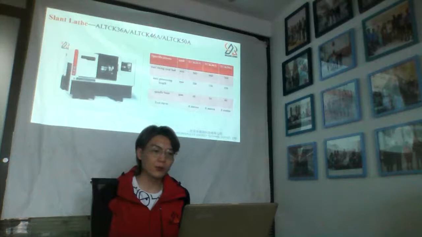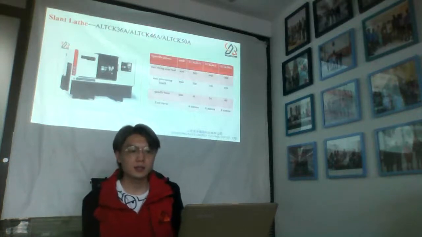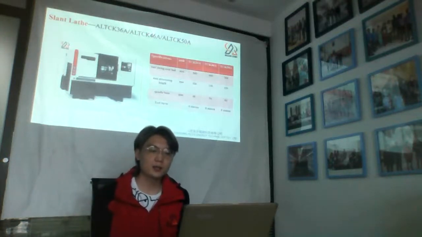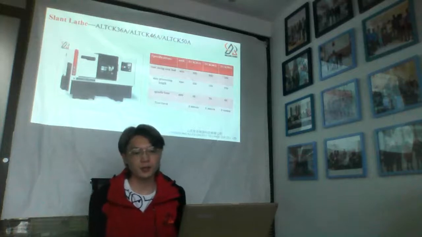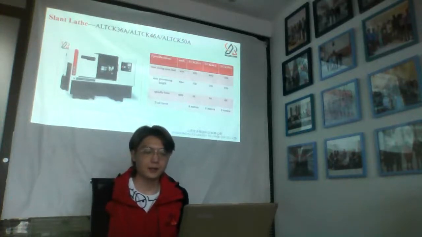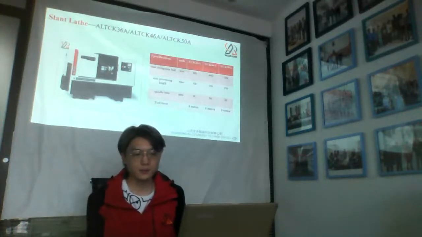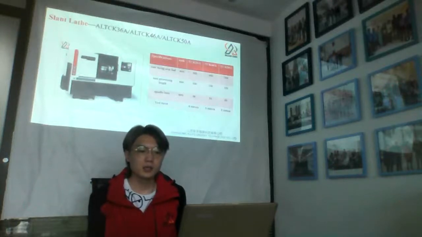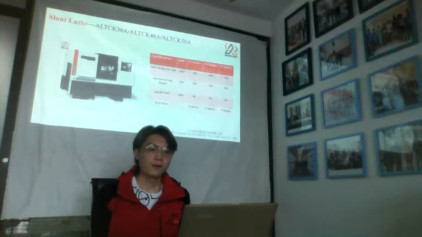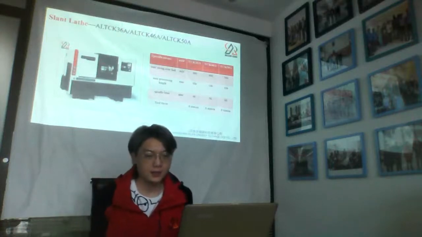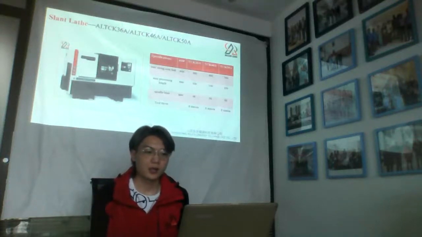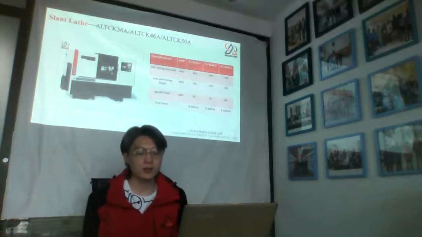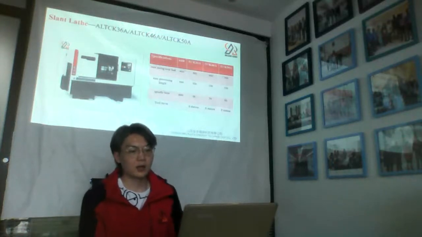For the spindle bore, the TCK 36A is 48 millimeters, 46A is 56 millimeters, and 50A is 66 millimeters. And for the tool turrets, all these three types are 8 station.